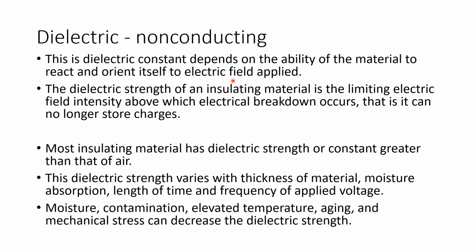So the material has a particular ability, which is what the material can do when it is subjected to something. In this case, the material is subjected to an electric field. So in that situation, the material reacts. How did it react? It oriented itself to the electric field applied.